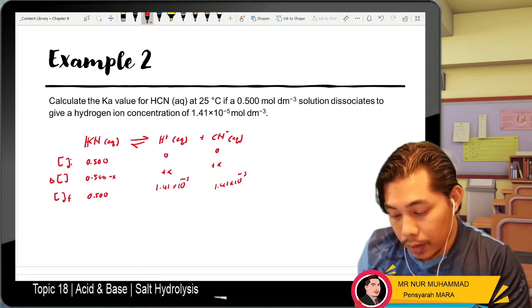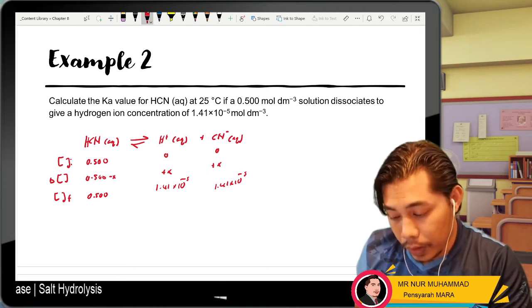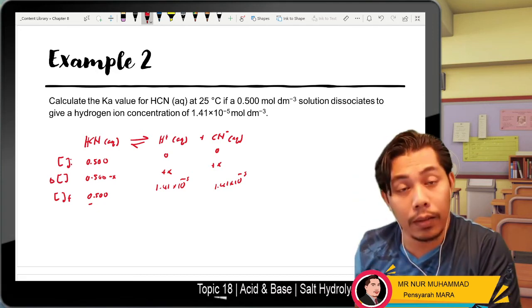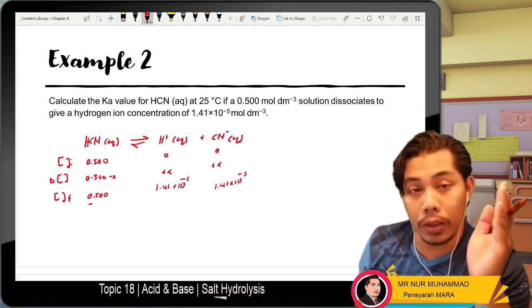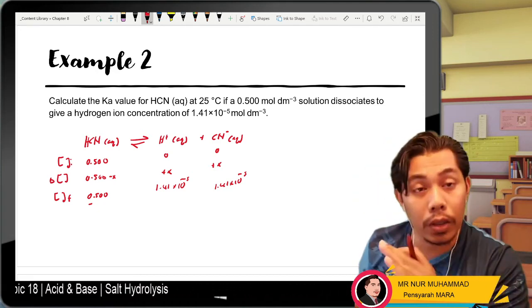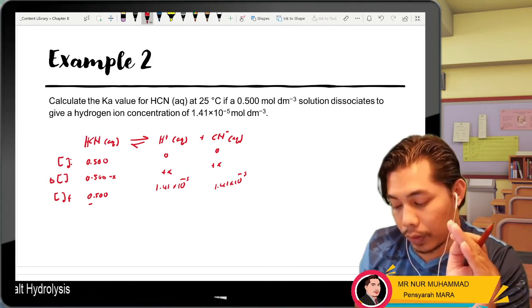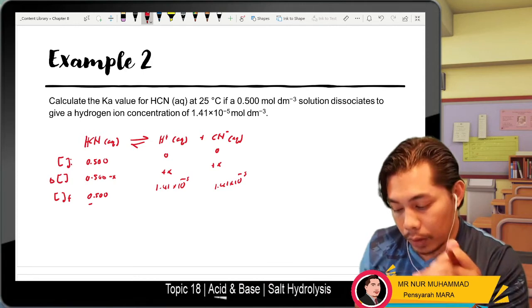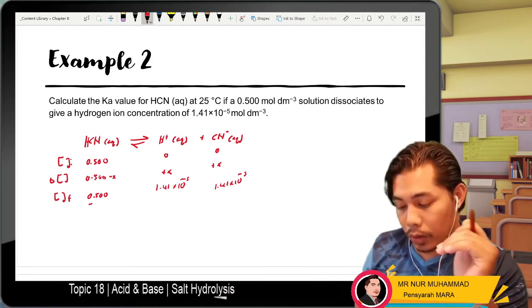If the question already gives the value of X, we would subtract the X, but if the question does not give the value of X, we do not need to subtract X. 0.50 minus X will be the same as the initial concentration.